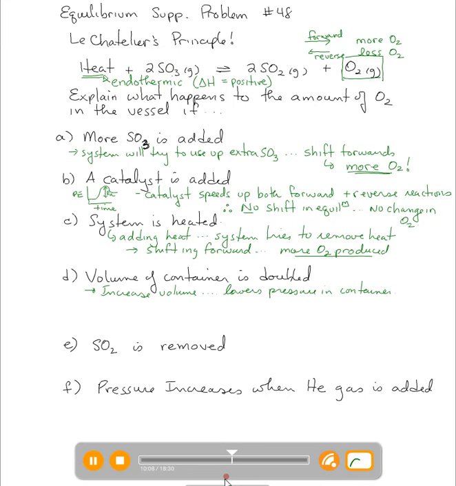Okay, so what we're going to do is talk about pressure instead of volume. Therefore, the system tries to raise the pressure. Now, how could the system raise pressure? Well, on the left side of our equation, we have two SO3s.